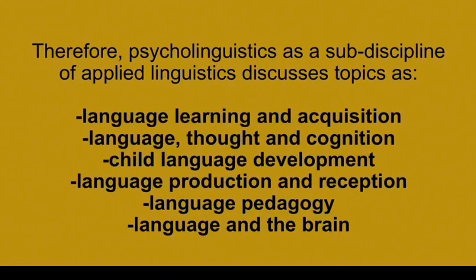Therefore, psycholinguistics is a subdiscipline of applied linguistics, and it discusses topics such as language learning and acquisition, language, thought and acquisition, cognition, child language development, language production and reception, language pedagogy, and language and the brain.